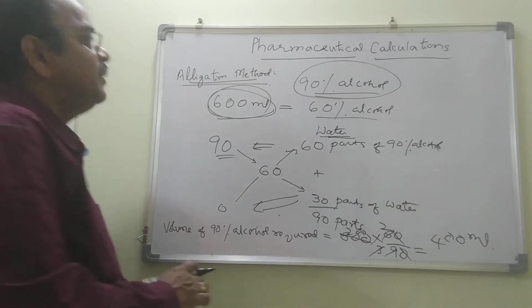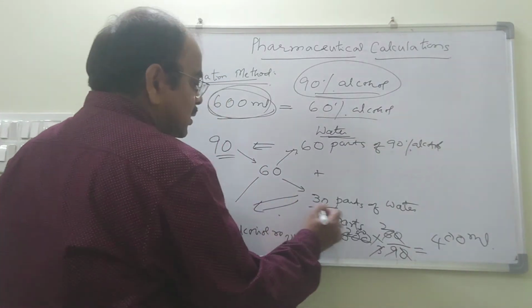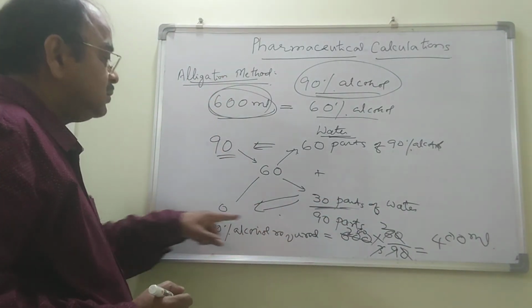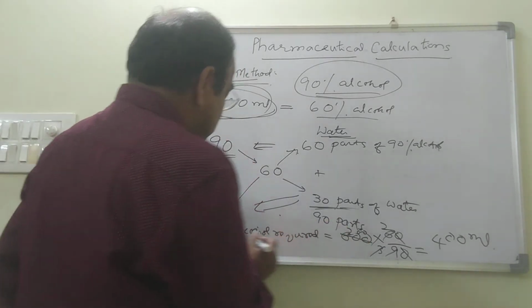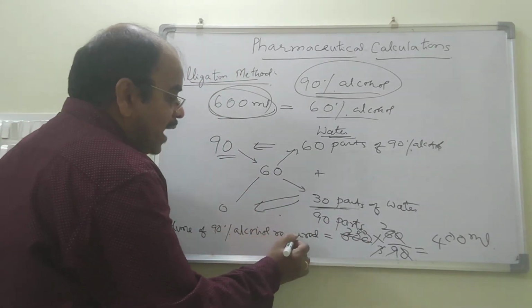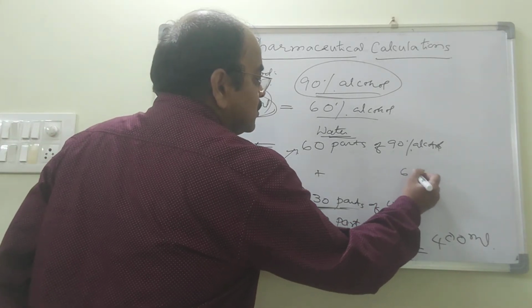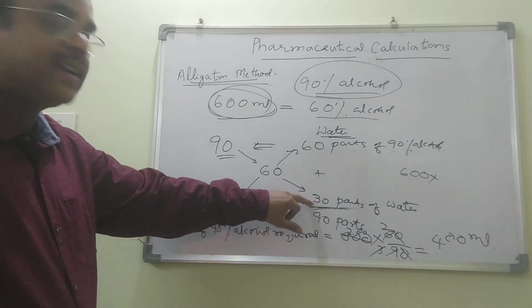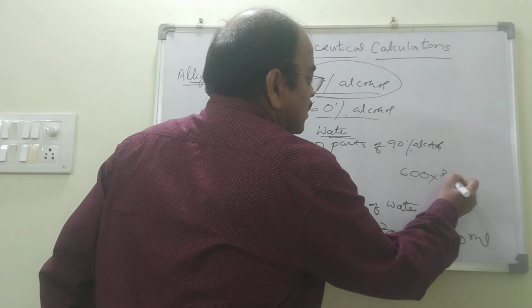In the same manner, what is the other one? 30 parts of water. Volume of water required is equal to 600 into how many parts of water required? 30 parts.